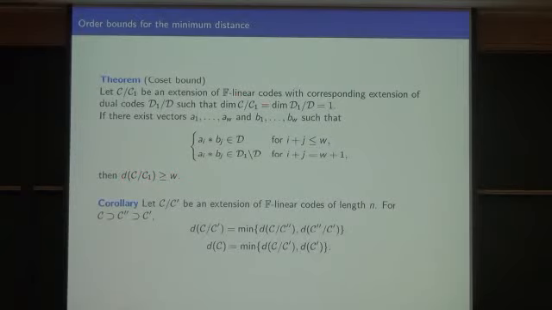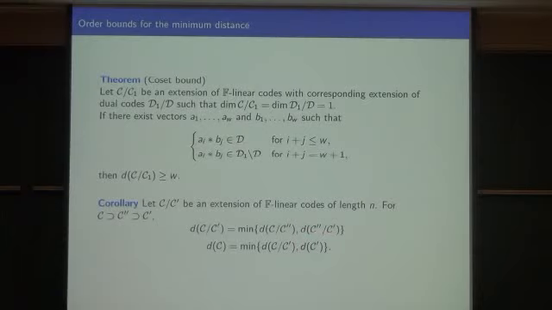What if it has a higher dimension? If this has a bigger dimension than 1, then we could just divide it into smaller ones. So the distance of the cosets of C over C prime is the minimum of the distance of C over C double prime and the distance of C double prime mod C prime.